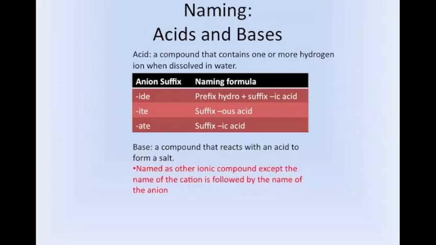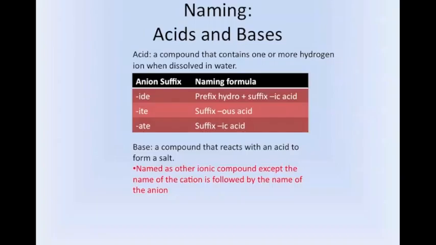For the IDE ending, you go to the naming formula, which has a prefix of hydro and a suffix of ic in addition to acid. For an ite anion suffix, the suffix on the acid would be ous and acid. And a suffix of ate on an anion would result in a suffix of ic on an acid name.